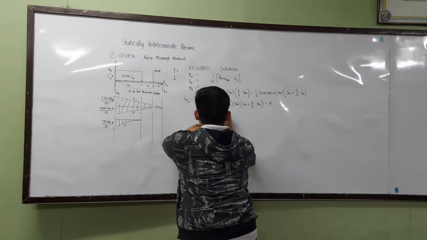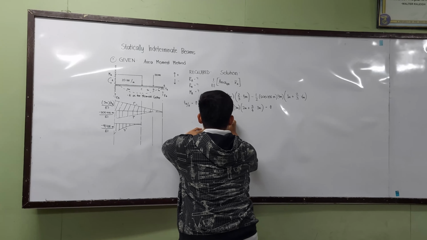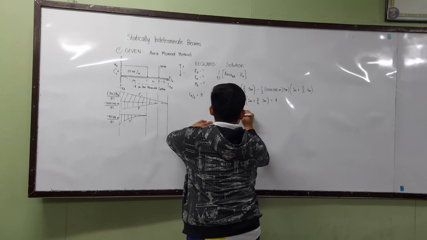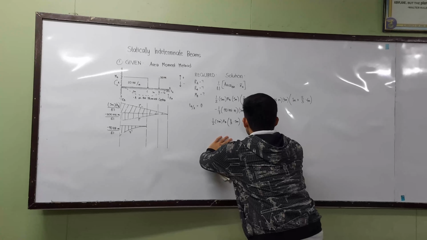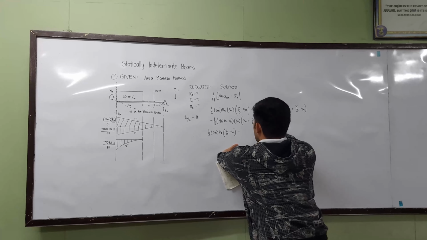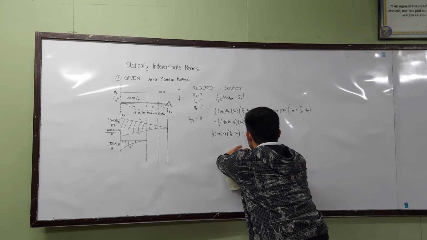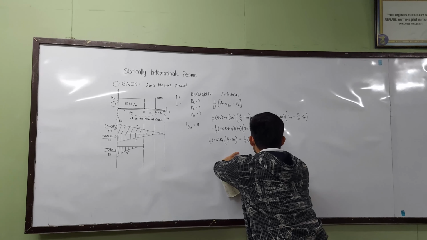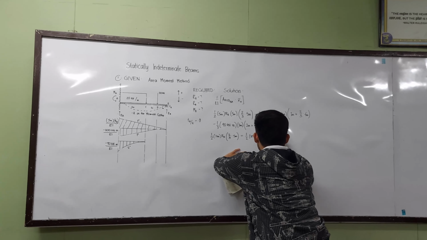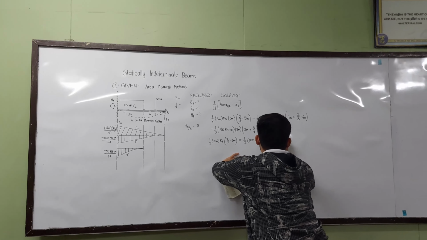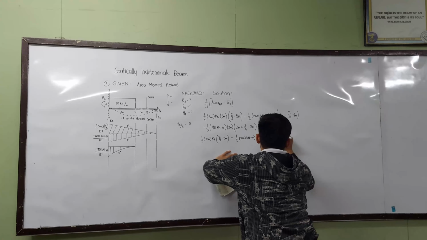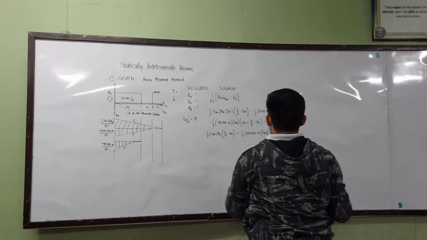1/2 times 5 meters RB times 2/3 5 meters equals, since we transpose this, it will be now positive 1/2 times 200 kilonewtons times meters times 4 times 1 meter plus 2/3 4 meters.